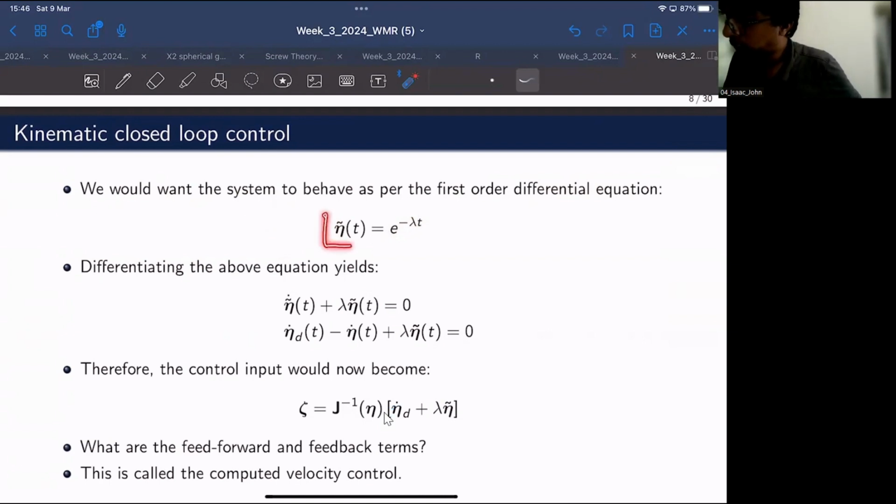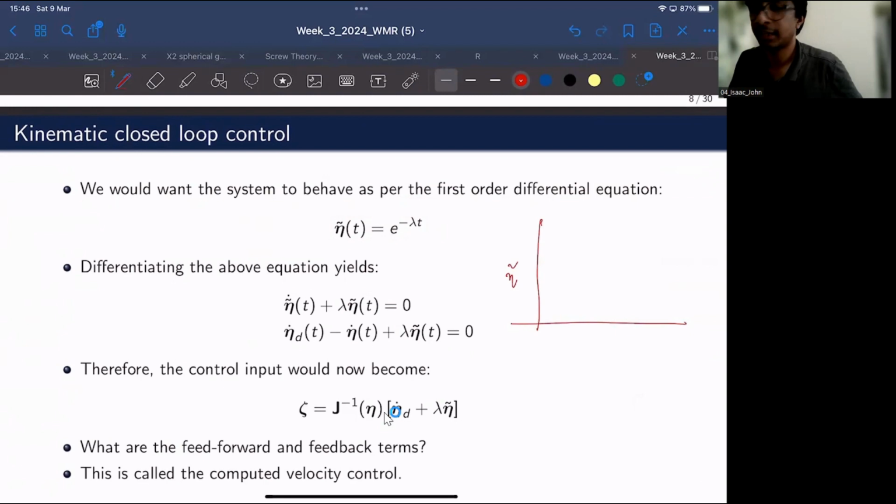And why would we want our robot to behave as per this differential equation? The simple answer is, if you plot this error eta tilde along one axis, and time along this axis, what will happen to this term as time tends to infinity? Initially it may begin from some value, and as time tends to infinity, this value goes to zero asymptotically. So that is how we want the robotic system to behave.